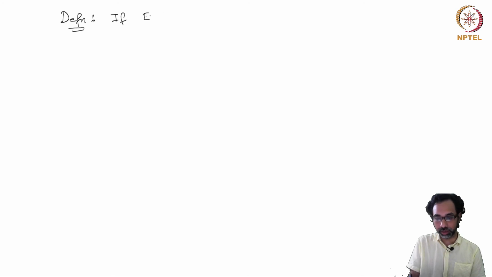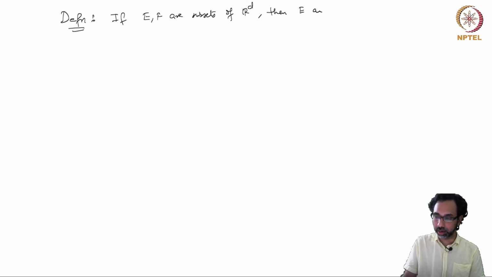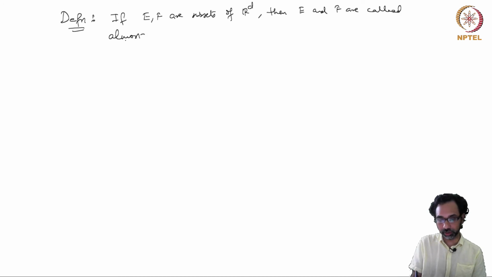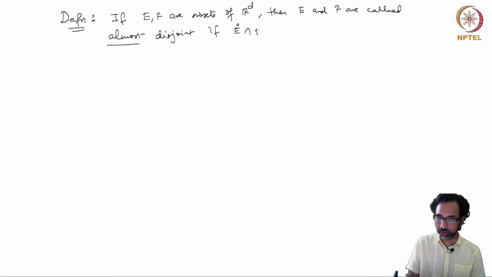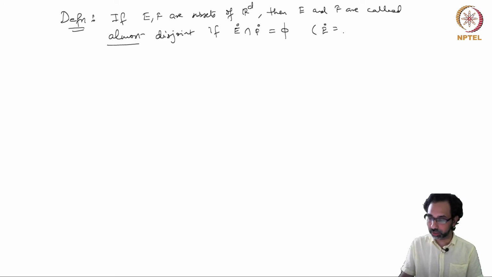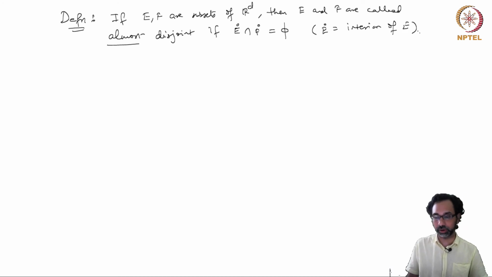If E and F are arbitrary subsets of Rd, then E and F are called almost disjoint if the interior of E is disjoint from the interior of F. Here I am using this notation for the interior of E, and similarly for F.